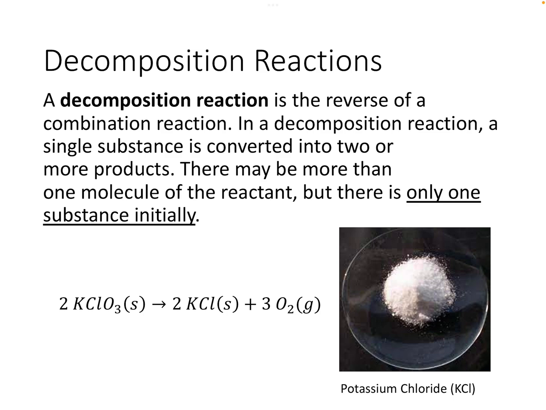And notice the ratios here. We do start with 2 copies of the reactant, and we form 2 ionic compounds of KCl and 3 oxygen molecules. All right, so even though we have multiple of the reactant, there is only one type of reactant.